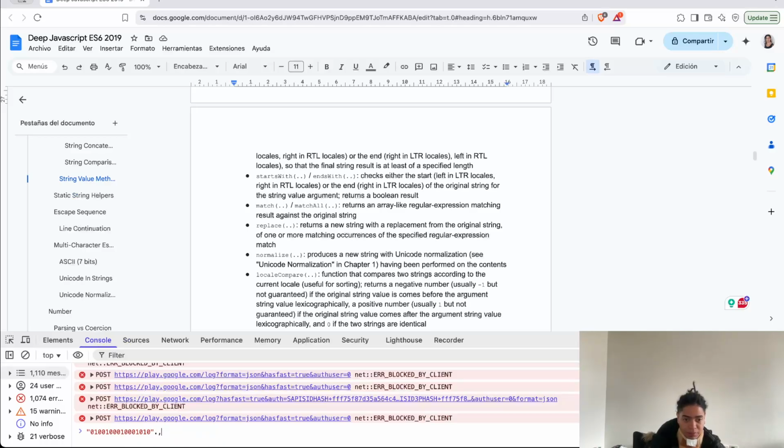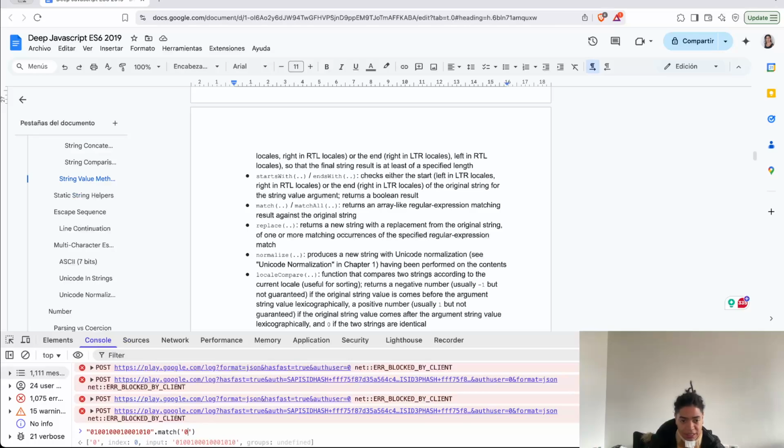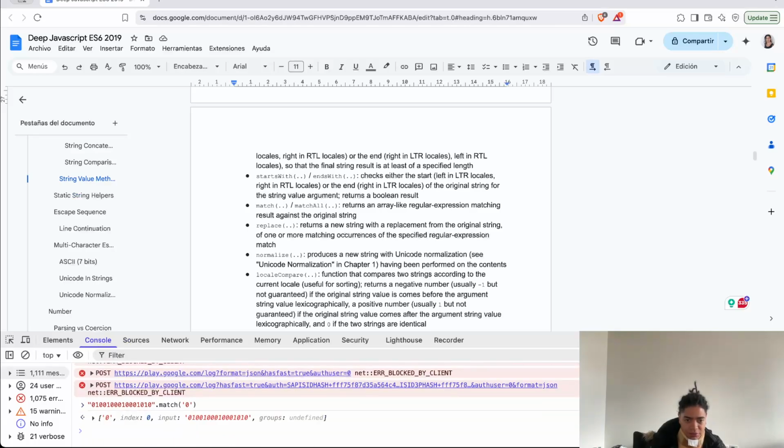So for example, if you call match given a particular regular expression, let's say, hey, find A0, it says, hey, I found this at the first position. So this will give you a collection of all those matches for this.